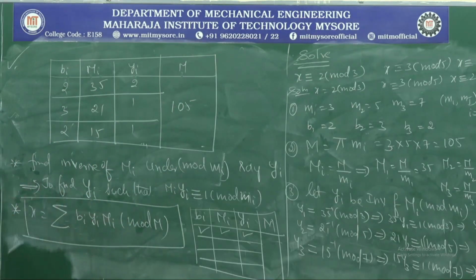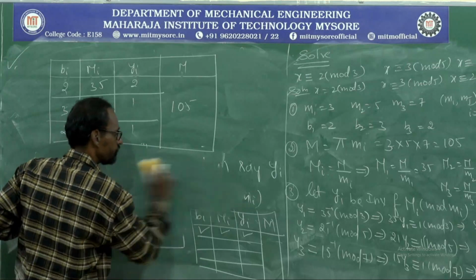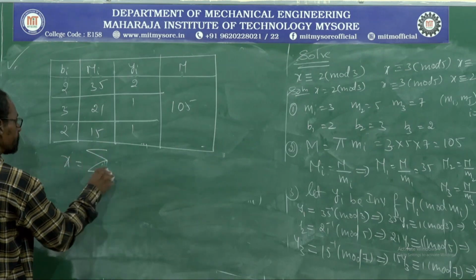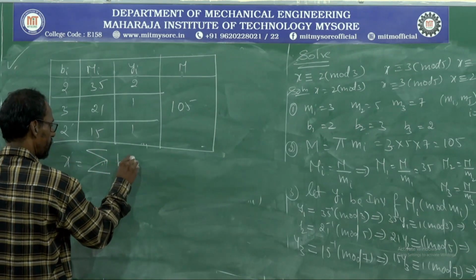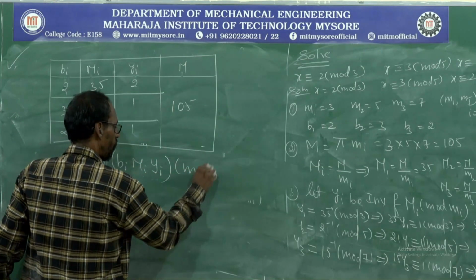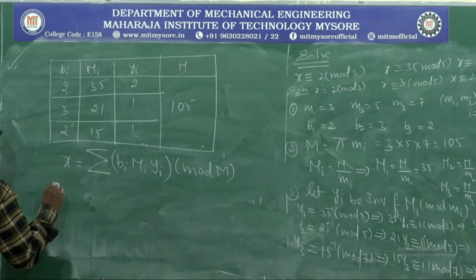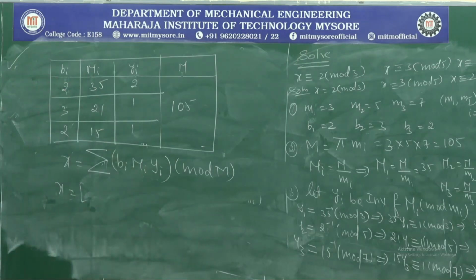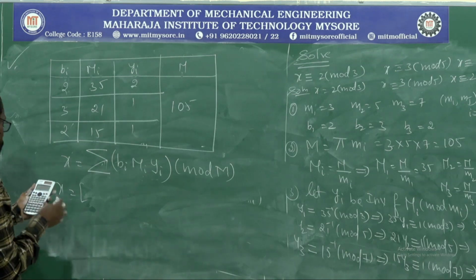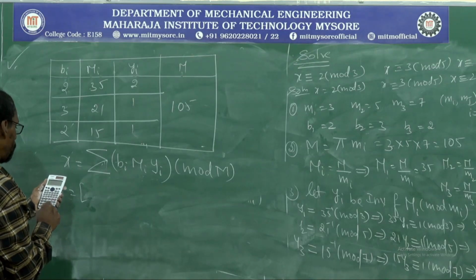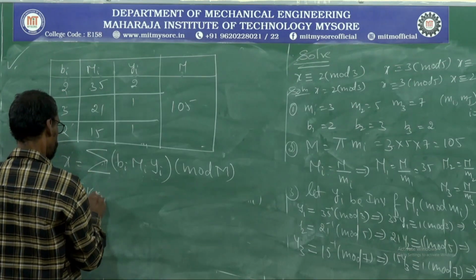What is the solution? Solution looks like this. Therefore, your x can be taken as the summation of Bi, Mi, Yi under modulo capital M. That is, x is equal to multiply these three: 2 into 35 into 2, the answer is 140.